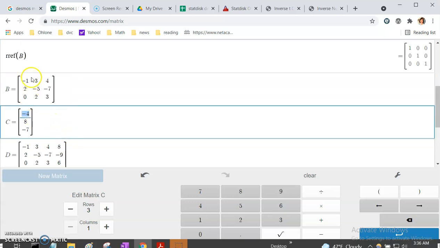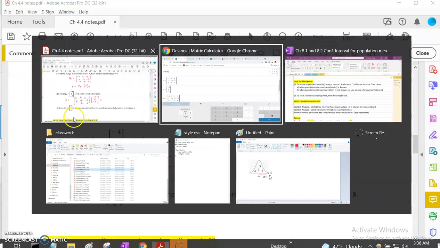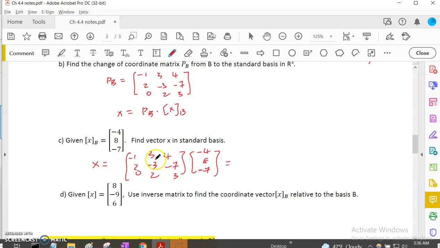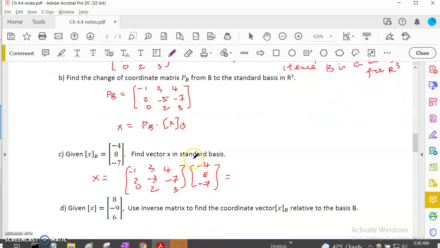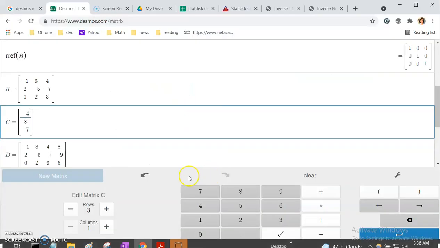I enter -1, 2, 0, 3, -5, 2, 4, -7, 3, and multiply.